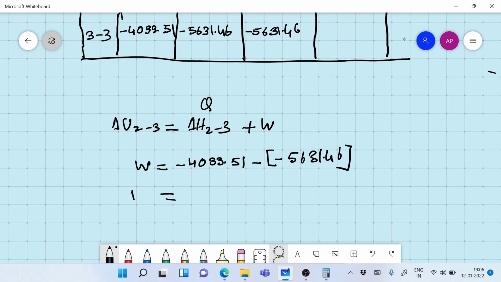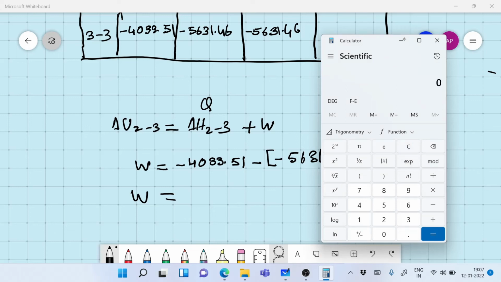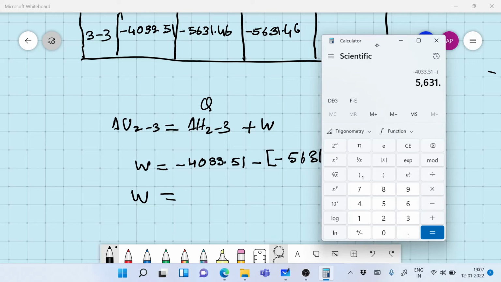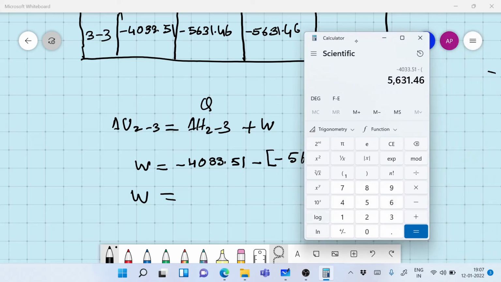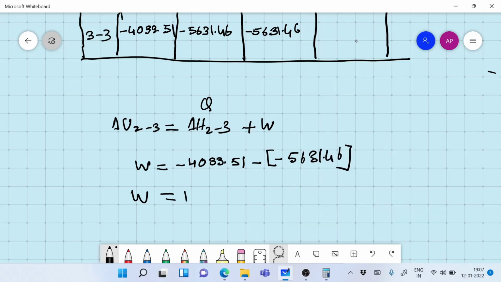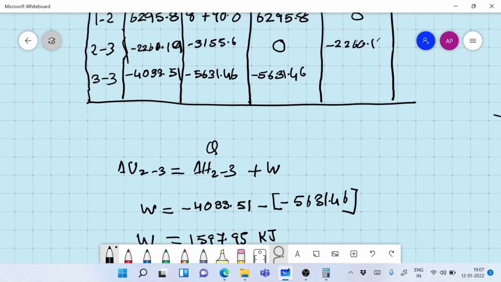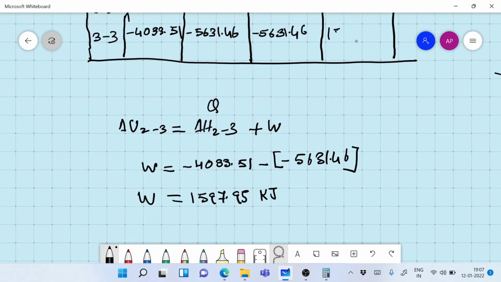Let's calculate it out: 4033.51 minus, start the bracket, 5631.46, close the bracket, and we get 1597.95 kilojoules.